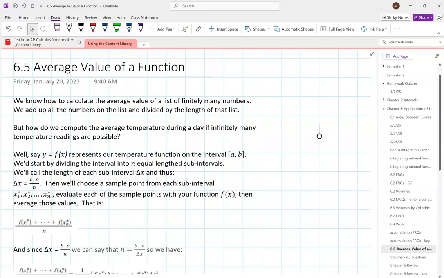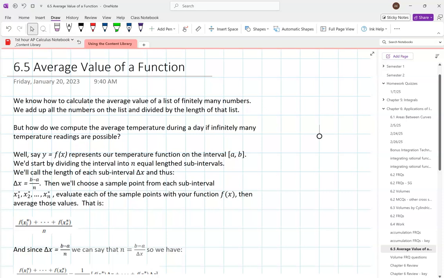We start by saying, okay, y is just going to equal some f of x, some function that represents our temperature, and that's over some interval from a to b, right? It's from like 8 a.m. to 8 p.m. or something. We'll divide that interval into n equal length subintervals. We'll call the length of those subintervals delta x.